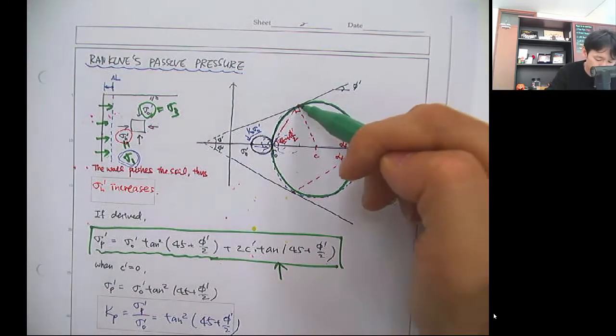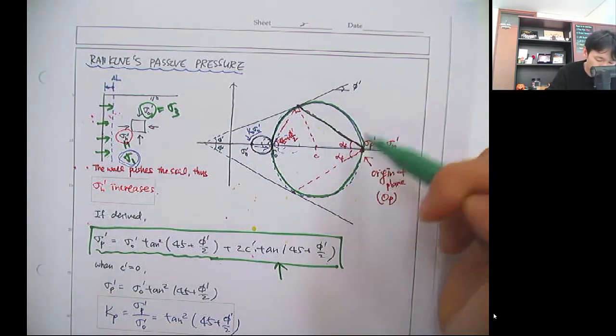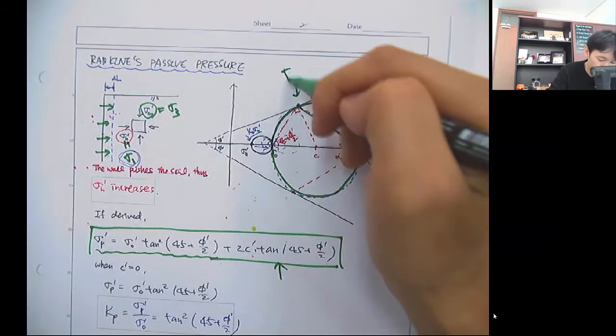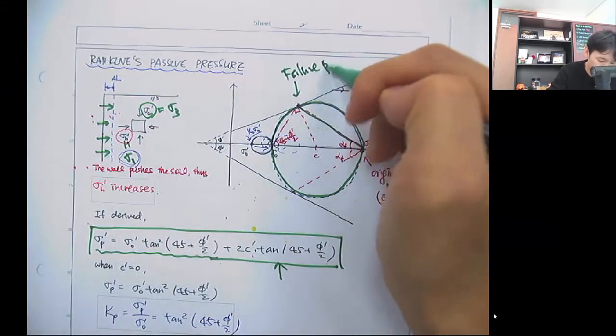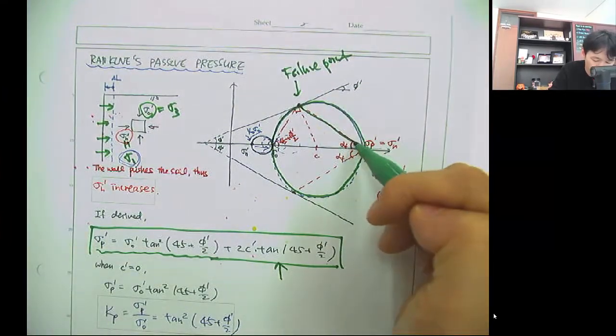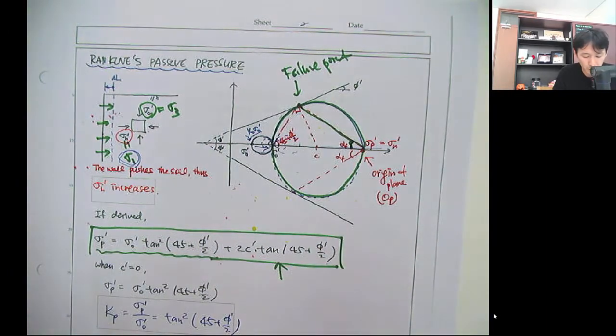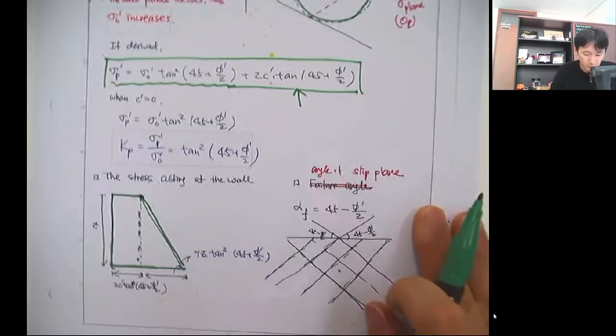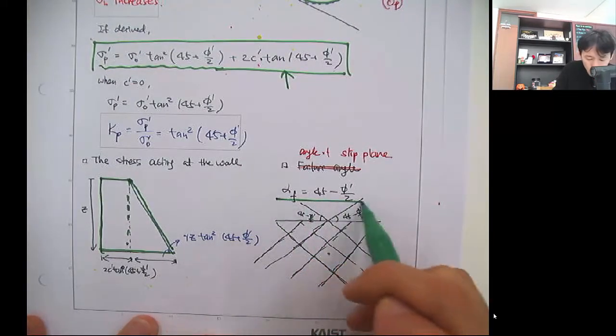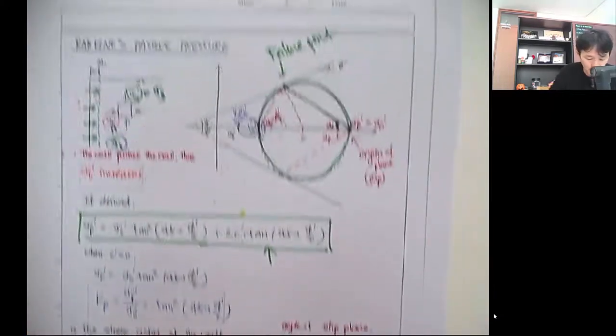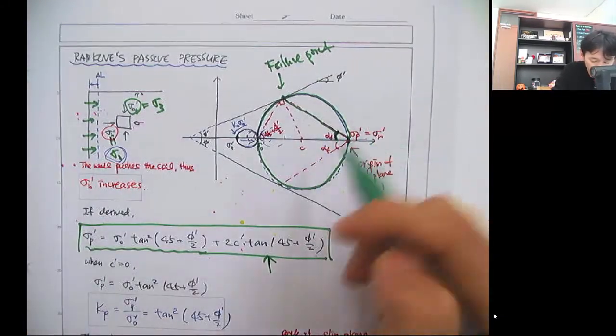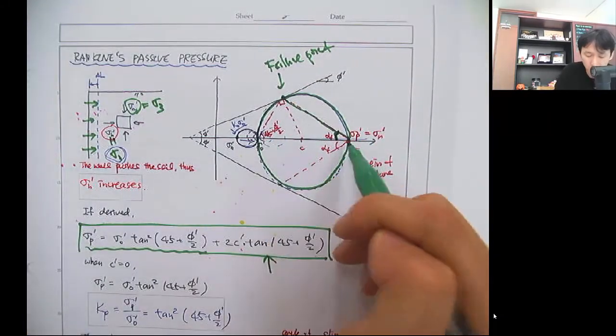And from here, you can draw the line to the failure point. And this alpha f is 45 minus phi over 2, measured from the horizontal plane.